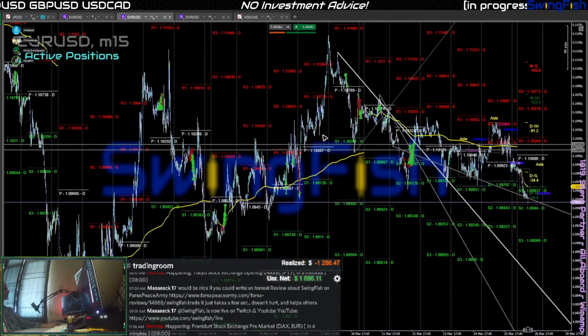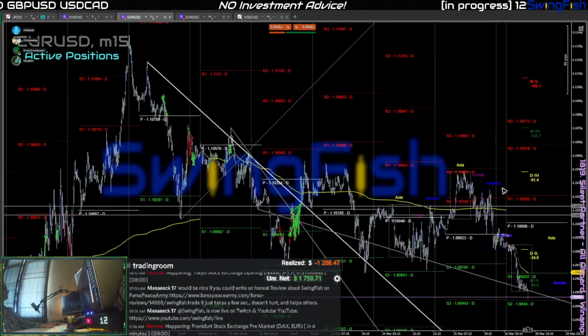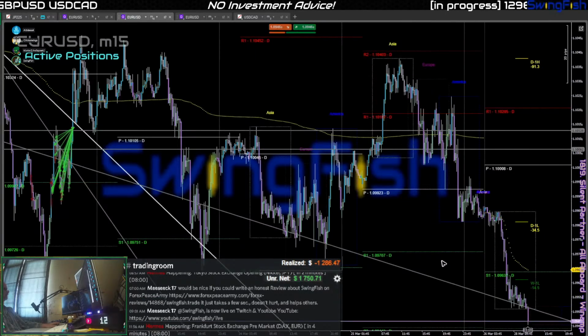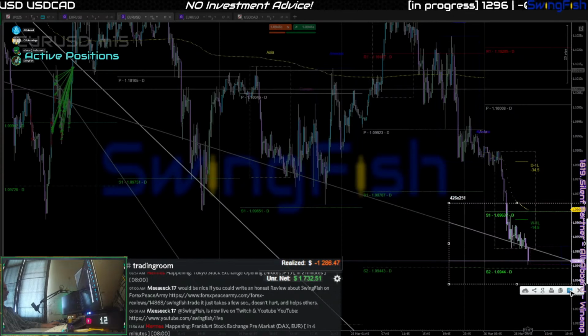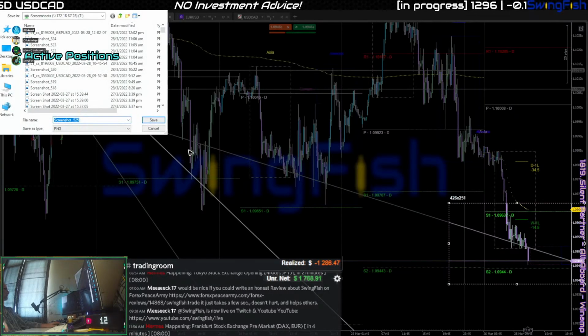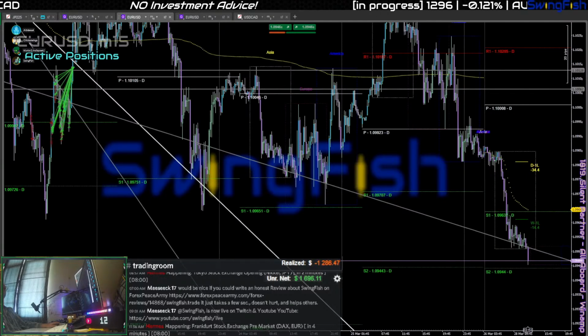Actually, the euro broke structure. Quite significant, actually. That's why it's consolidating there. Look at that. That's actually a trend line I made last week, and it was consolidating there. Well, that's good, because Johnson has been saying nothing but short the euro.